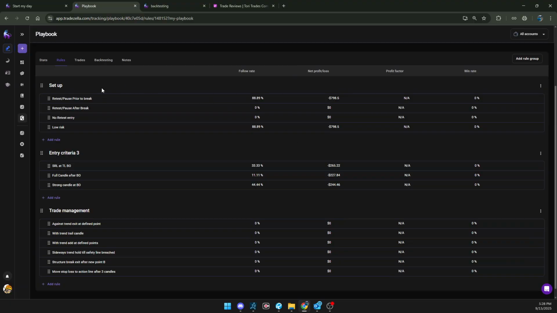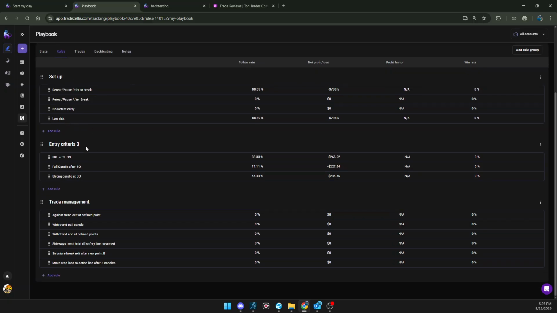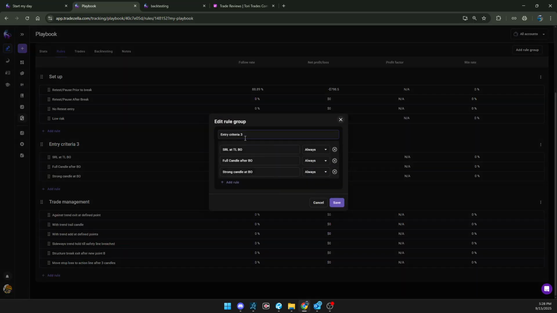So I have my setup, and this is the setup I want to see. I also have entry criteria 3, which should be an additional confluence.